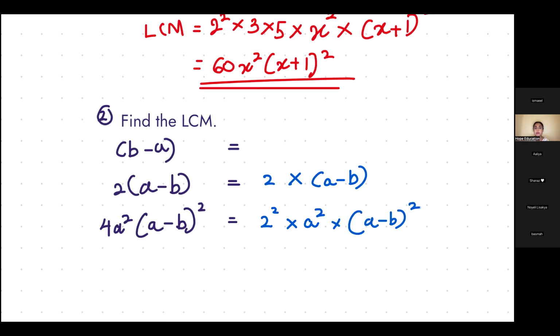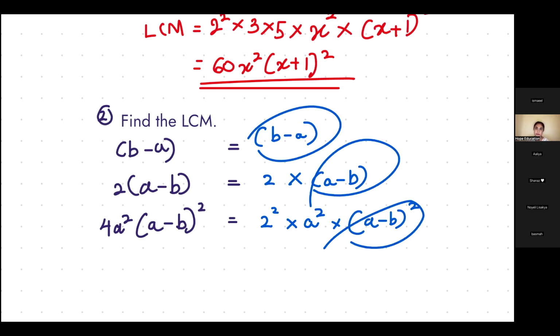Now, may I withdraw b minus a? That's quite annoying, no? Because in both of these there is a minus b, but here there is b minus a. It would have been very nice if it was a minus b. Is there a way that we can make this a minus b? Yes. How?